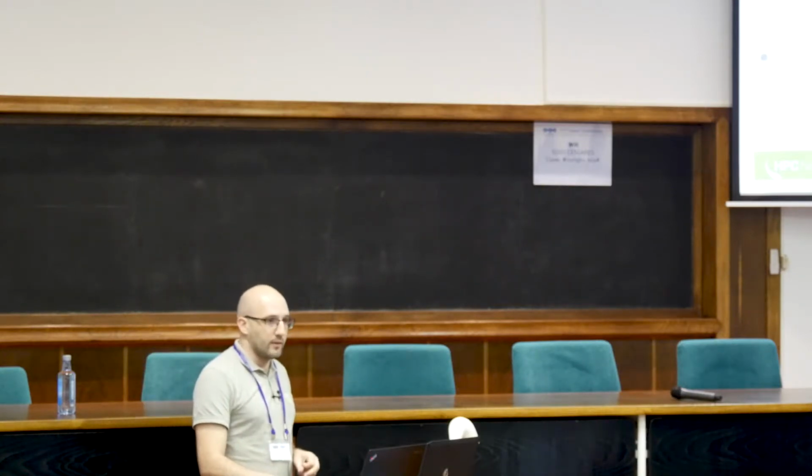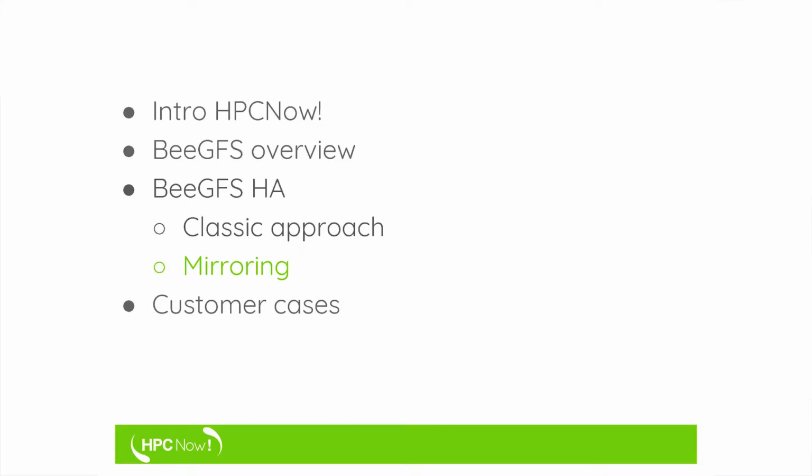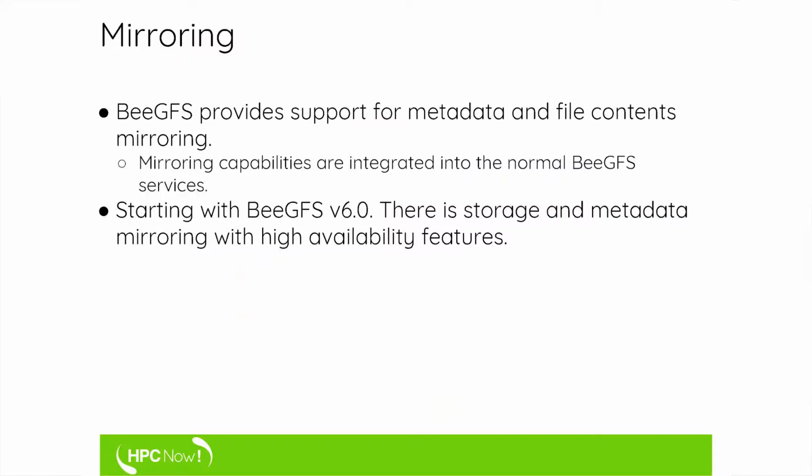So now we are going to talk more about the mirroring approach, the approach that is built into BeeGFS. BeeGFS provides support for metadata and file contents mirroring, and the mirroring capabilities are integrated into the BeeGFS services.